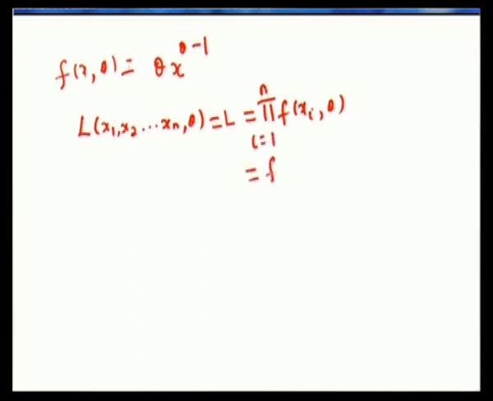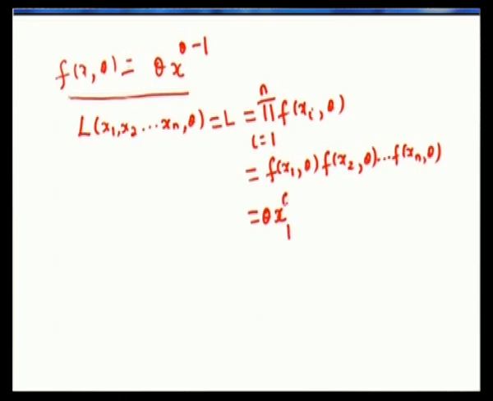So this is nothing but f of x1 comma theta, f of x2 comma theta, etc. up to f of xn comma theta. Now f of x, theta is theta into x to the power of theta minus 1. In the place of x you have to replace x1. So this will become theta into x1 to the power theta minus 1. Next will be theta x2 to the power theta minus 1. This will go on up to theta xn to the power theta minus 1.